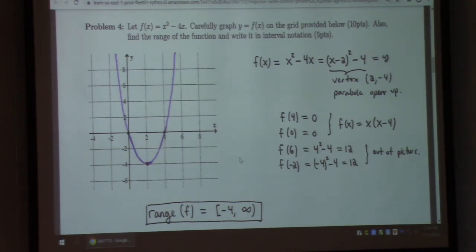Any questions? So strategies for graphing quadratics, I would say complete the square and know how completing the square reveals the vertex, right? Or you could factor. And remember, the vertex is always at the average of the roots if they're real.